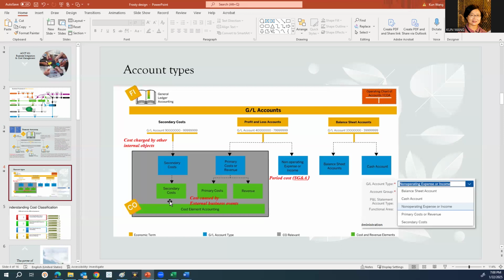So consumed by the manufacturer staff. So those are called secondary cost. So cost charged by other internal cost objects. And for these, we need allocations to the cost. So allocations are settled to the final cost objects that receive the services.